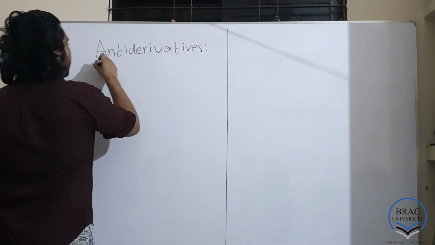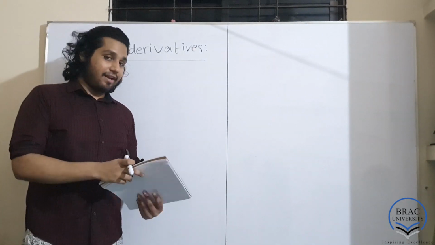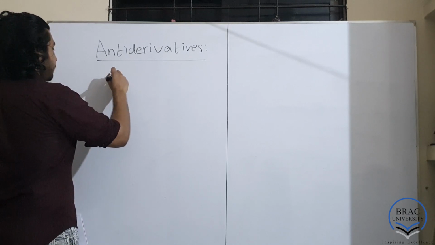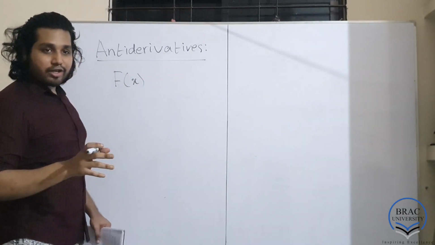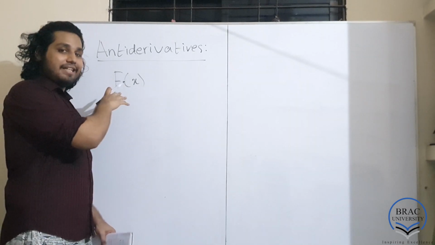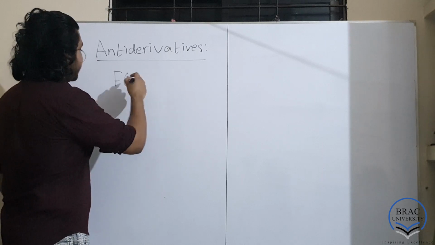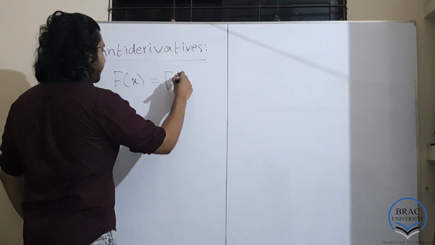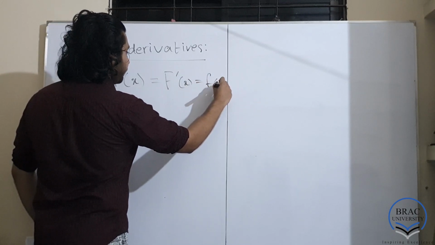I'm sure in Math 120, you learned about antiderivatives. In general, say you have a function F of x. Now, I'm just doing it for the real number variable. If you take the first derivative with respect to x, I denote it as small f of x.